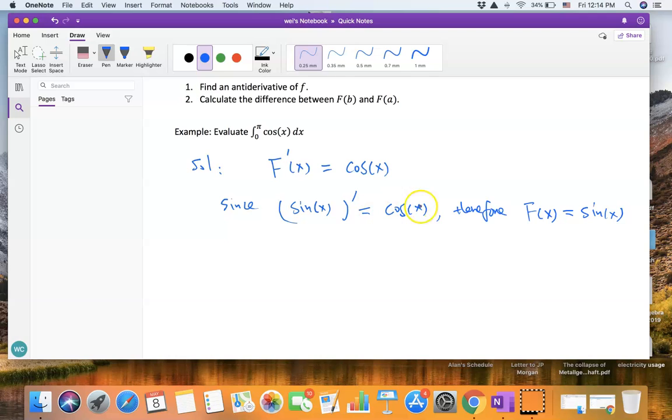Okay, now we need to calculate what sine of b and sine of a equal. Here, a equals 0 and b equals pi, so sine of a, which is sine of 0, equals 0, and sine of pi also is 0.